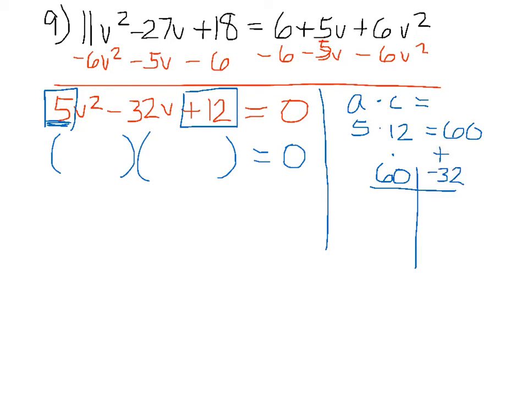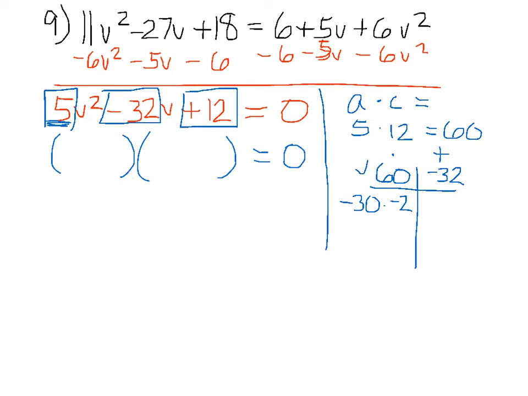So we're going to try and split this middle term here. So what multiplies to 60 but adds up to negative 32? Well, 60's got a lot of factors. Anybody know this one? Yeah, Colton. 32. Yeah, so if I use negative 30 times negative 2, I'll get 60.